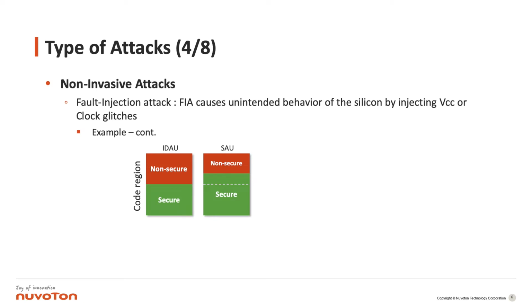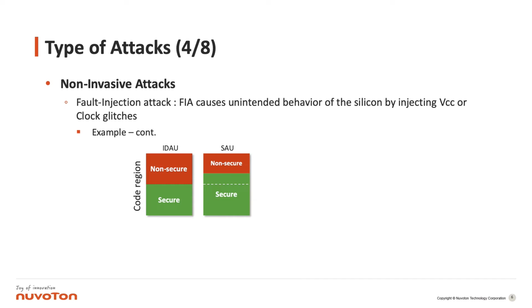The security attributes of an area will be compared with the settings of IDAU and SAU. If the two settings are different, the higher security setting is used as the security attribute of the region. For example, there is an area where the IDAU setting is non-secure, while the SAU setting is secure.